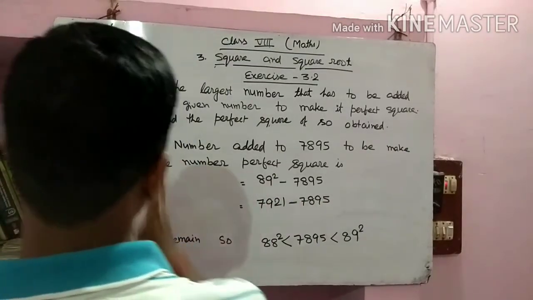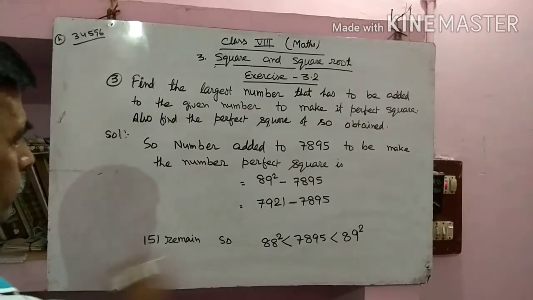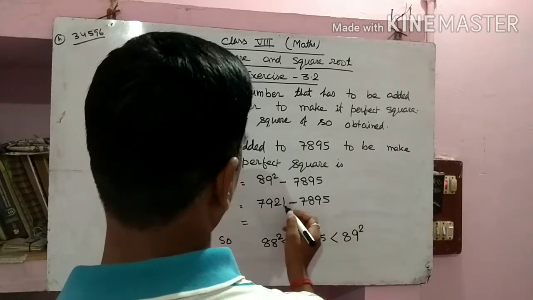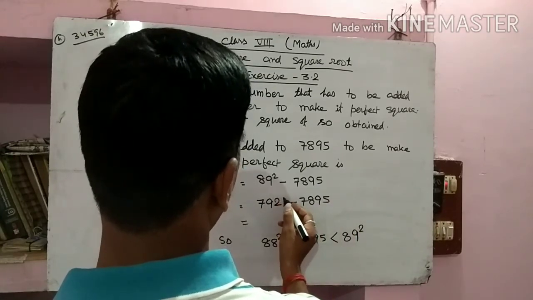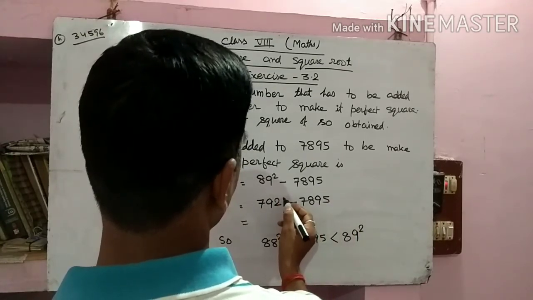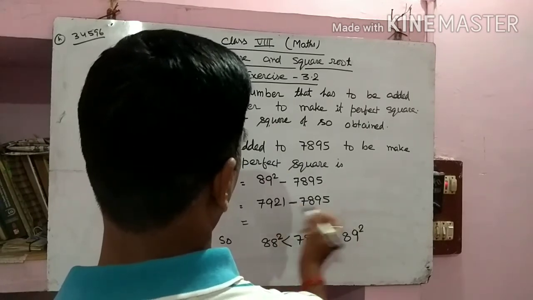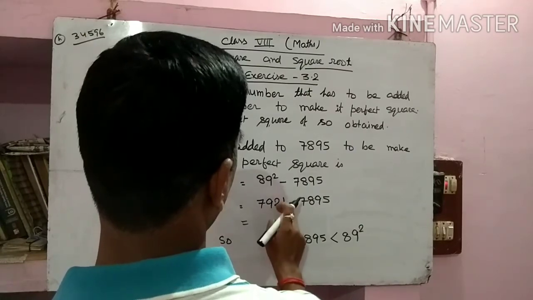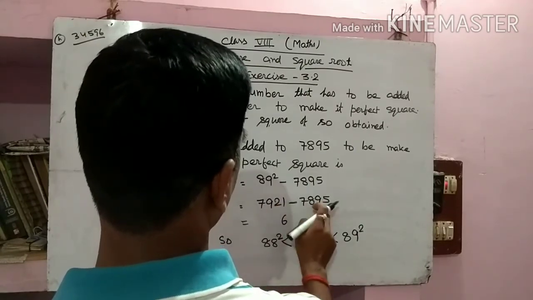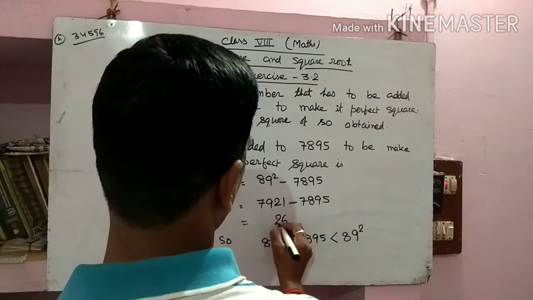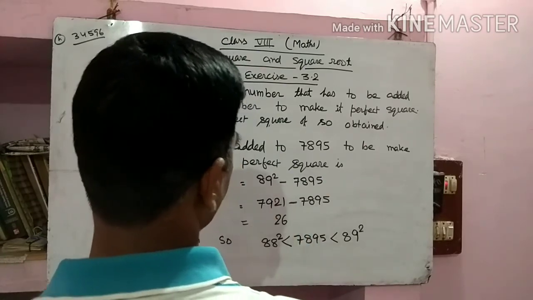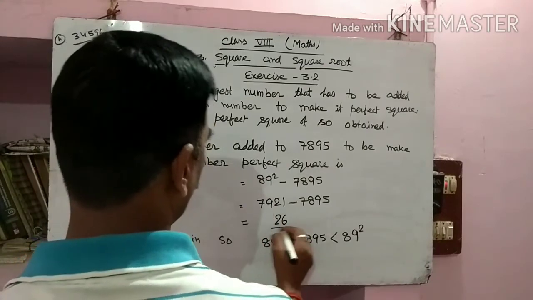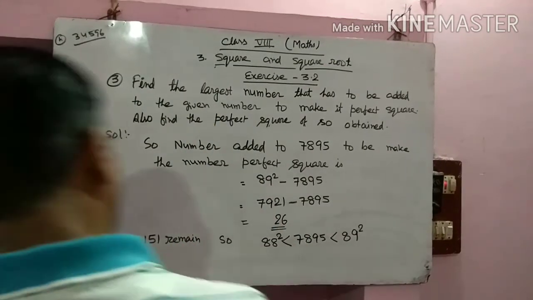Similarly, when we solve that one, okay, by subtracting that number, 5 can't be subtracted from 1, so 1 is carried here, so it becomes 11. 11 minus 5 is 6, so it remains 1 here, so it is carried. 11 minus 9 becomes 2, and 8 remains 8, so 26 is going to be added.